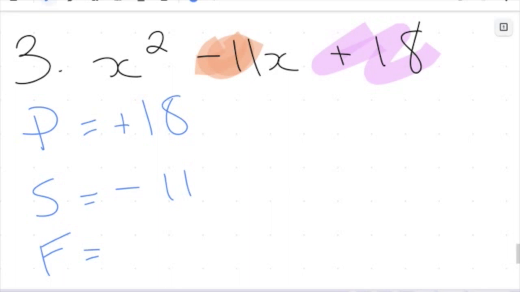So the only way I can get a positive product and a negative sum is if both my factors are negative. Because if both of these were positive to get positive 18, there's no way I can make a negative number for my sum. But I can make a negative number in my sum only if I have two negatives. And I need two negatives to ensure that I get a positive product.